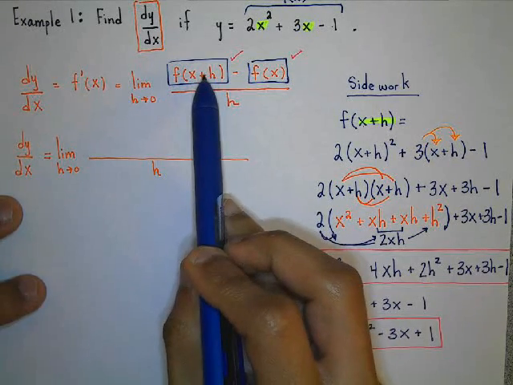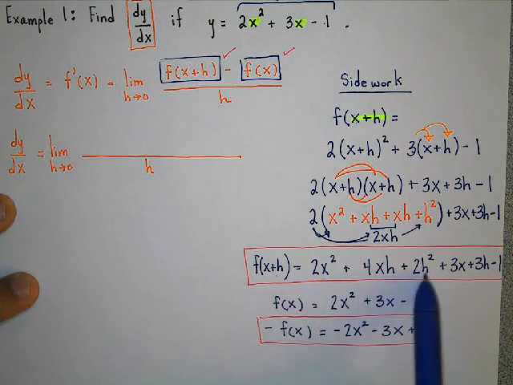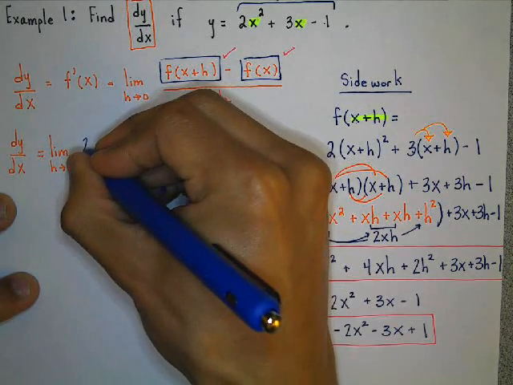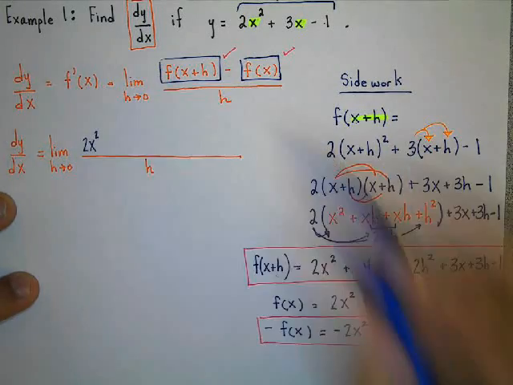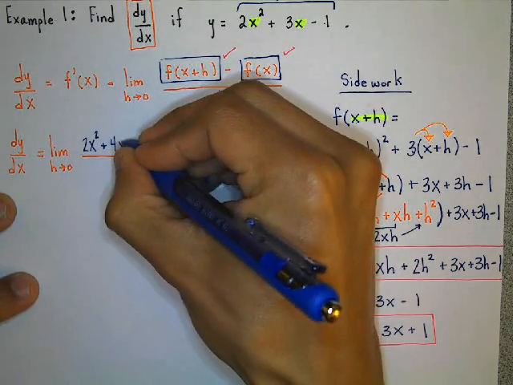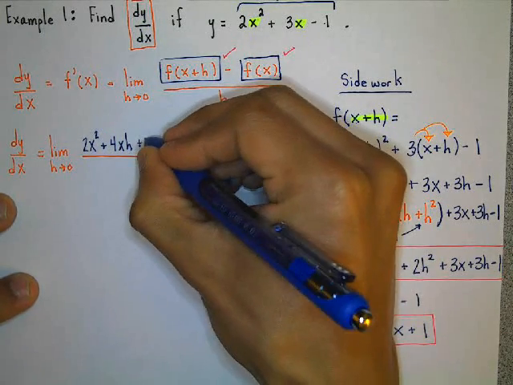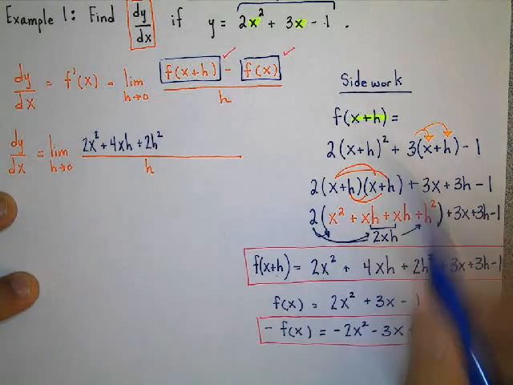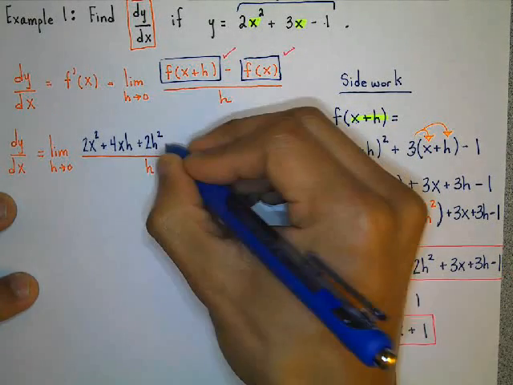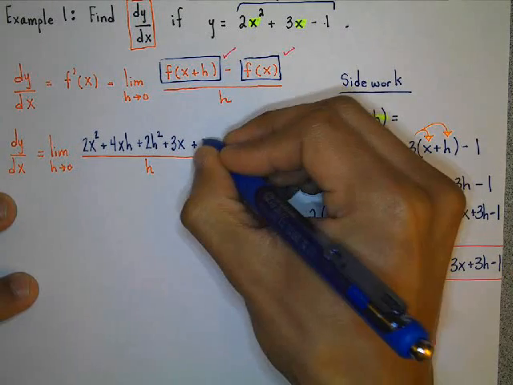Now for this f of x plus h part, we are going to go ahead and write what we calculated here. So we're going to have 2x squared plus 4xh plus 2h squared. Okay, and then plus 3x plus 3h minus 1.